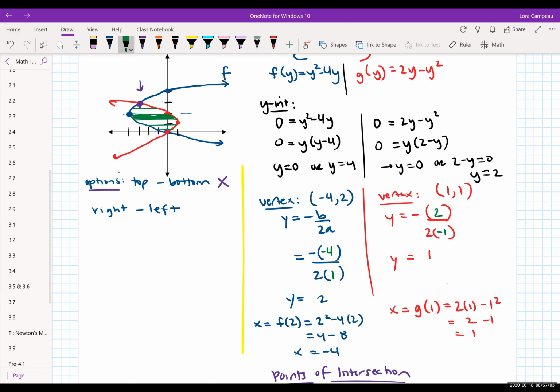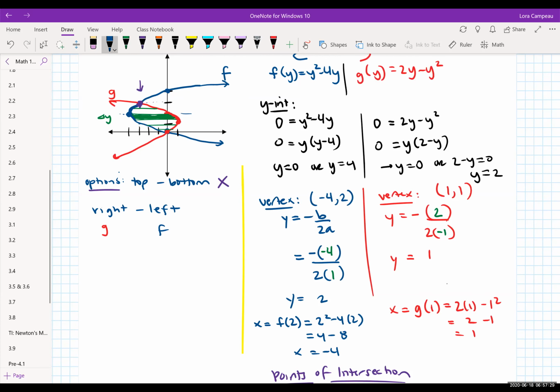So that tells us we care about delta y. And it also gives us an indication of who is on the right and who is on the left. To be a little clearer, in our case, the right curve was our g of y, and our left curve is our f of y, based on the rectangle that we drew.